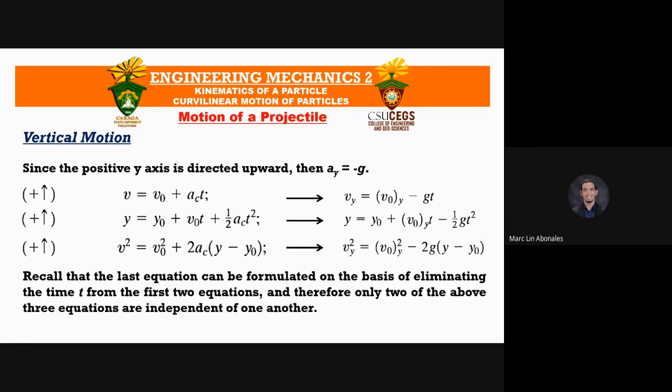We recall that the last equation, this one, can be formulated on the basis of eliminating the time from the first two equations, and therefore only two of the above three equations are independent of one another. So most likely, when we describe motion vertically, what we memorize are the first two equations. We can derive the third if we combine the two equations and eliminate the variable t.